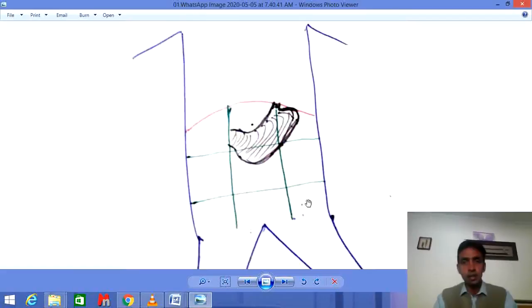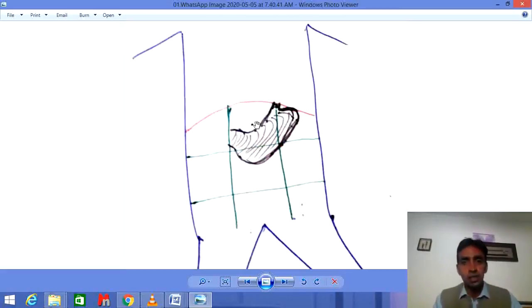This region is called the left iliac region, and this is the right iliac region, where the vermiform appendix occurs. And this is the hypogastric region.